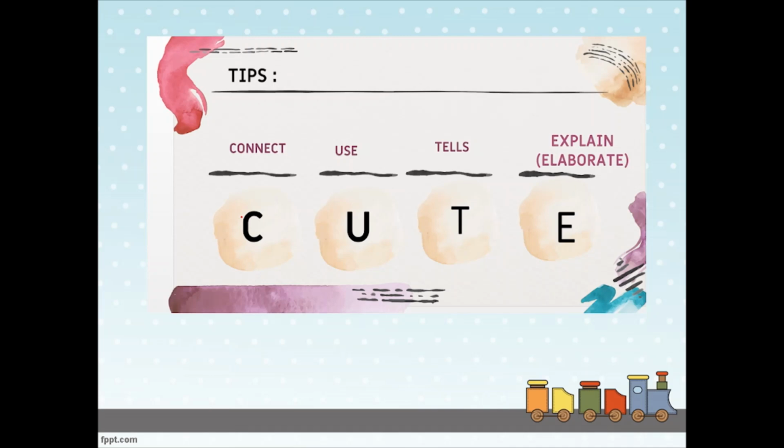So the reason connects the assertion, or the reason is used in the assertion, or the reason tells about the assertion, or the reason explains the assertion. Either it connects or uses or tells or explains the assertion.